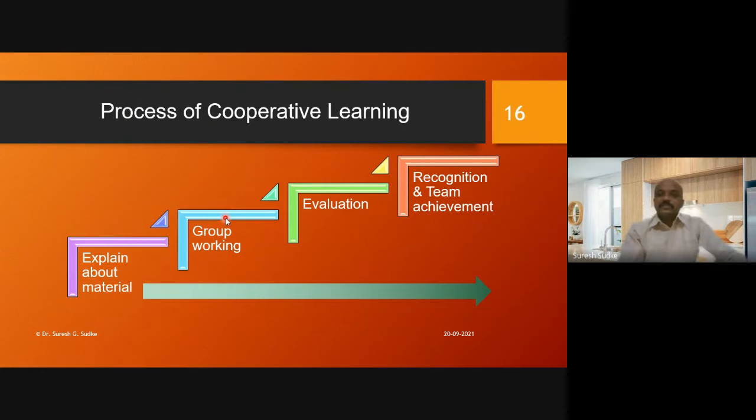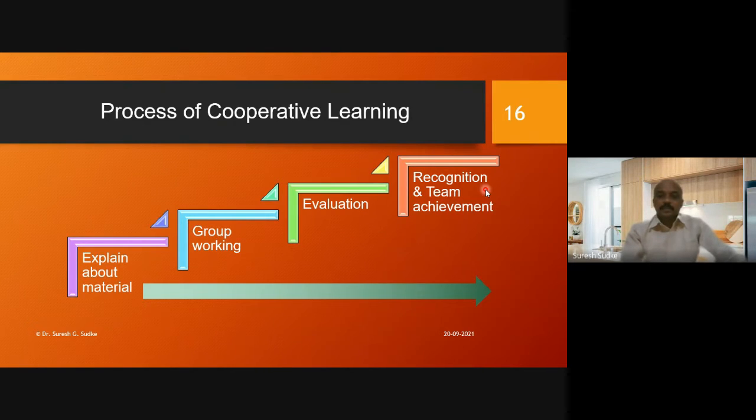They will complete the assignment and the evaluation of the assignment takes place. And depending upon that, the credits or the marks are provided. And then after the marks, the team who wins is provided with recognition, a badge or a particular prize, and that is known as recognition, and there should be a celebration of that particular recognition.